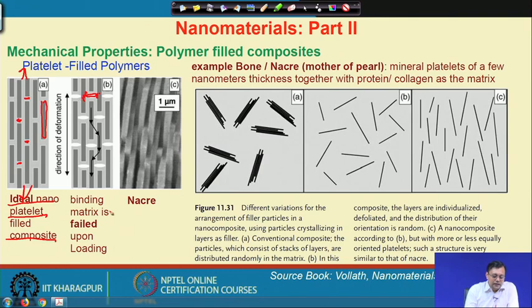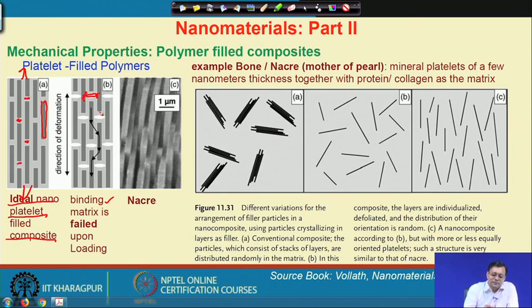However, here the binding material, that is the matrix, has failed. In composite mechanics, even though the whole structure appears to be rigid, if one of the phases fails, then the composite fails.